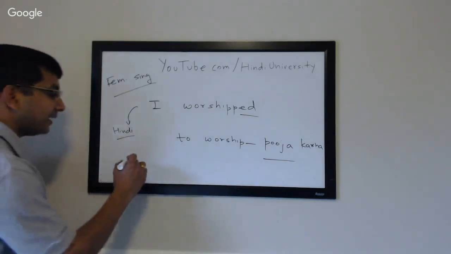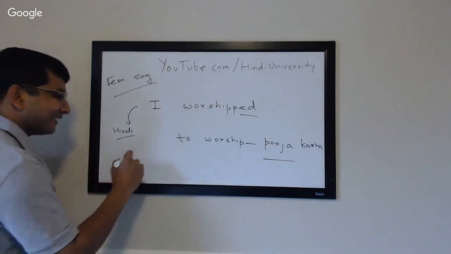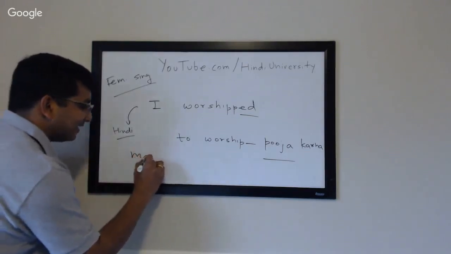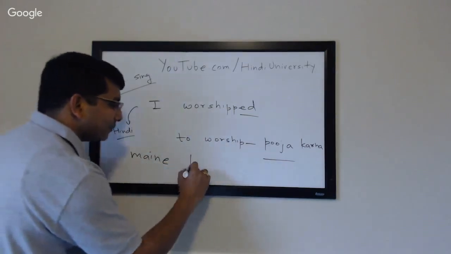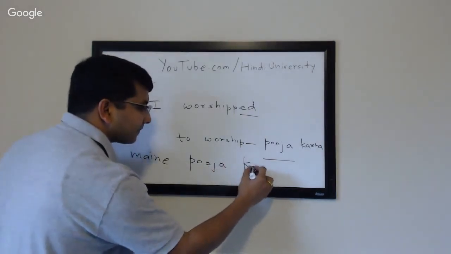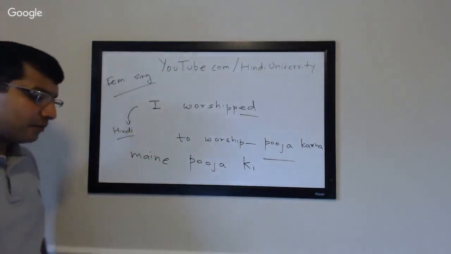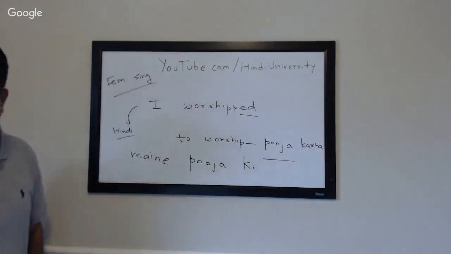So you will say मैंने. A lot of you who are thinking in mind, you're absolutely correct. I know you are not saying it, but it's exactly what it means. मैंने पूजा की. Okay, and in the present form, you will say मैं पूजा करता हूँ और मैं पूजा करती हूँ. That's absolutely right.